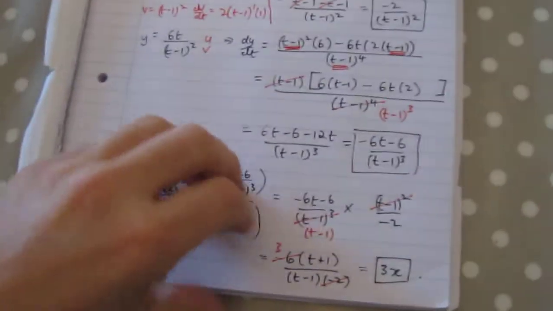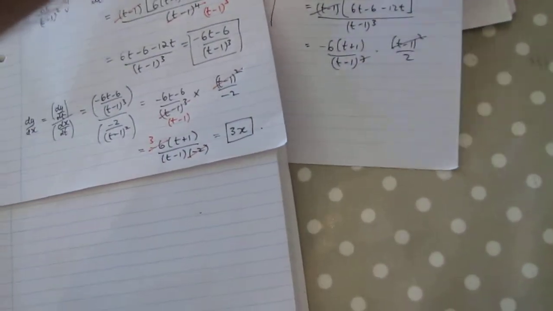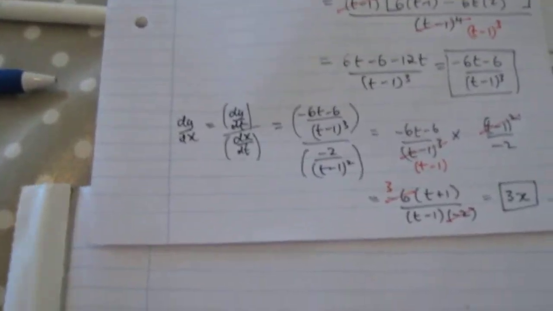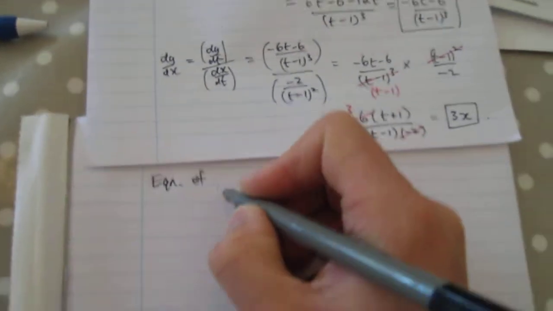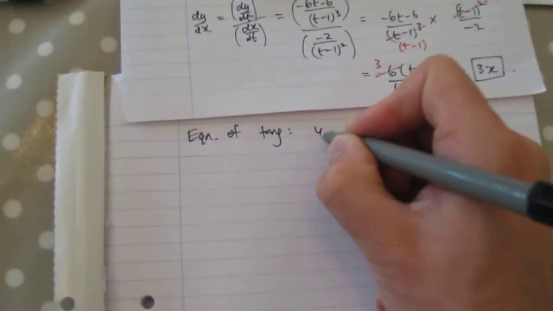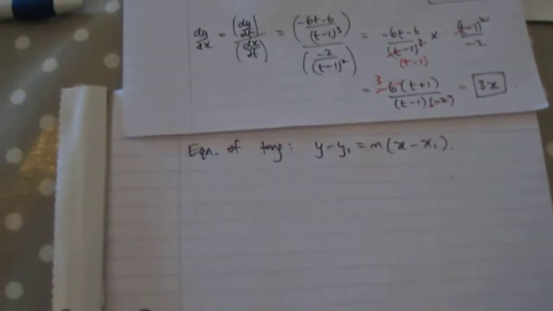Alright, let's have a look then at how we would find the equation of the tangent. So the equation of the tangent we should know is y minus y1 equals m into x minus x1.